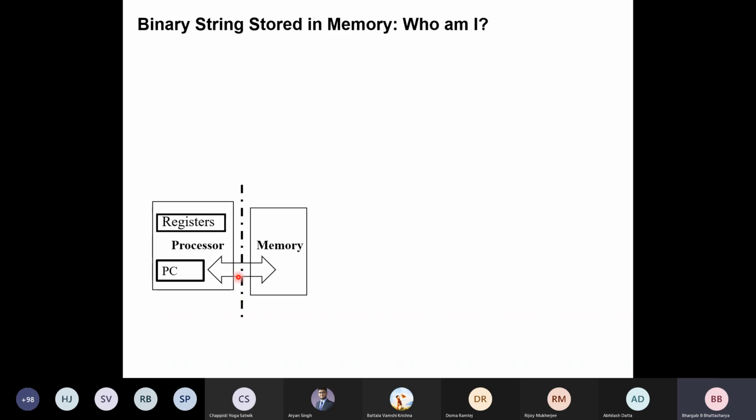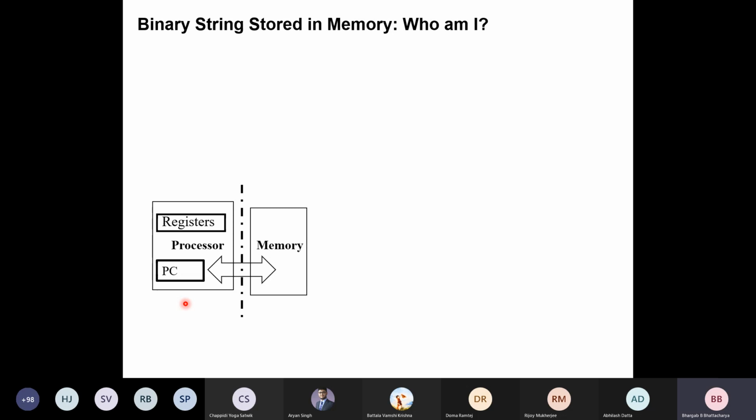This is the processor or CPU. It has an arithmetic logic unit and controllers, data bus, and so on. Some registers are also here, which serve as local memory. And there is a special counter here which is called the program counter. We'll talk about the role of the program counter in detail later.